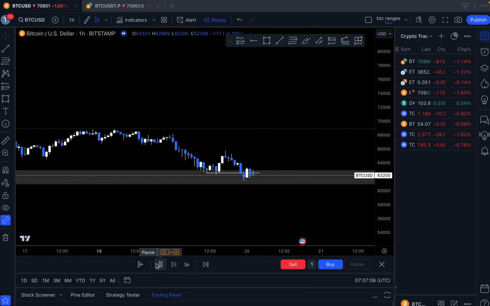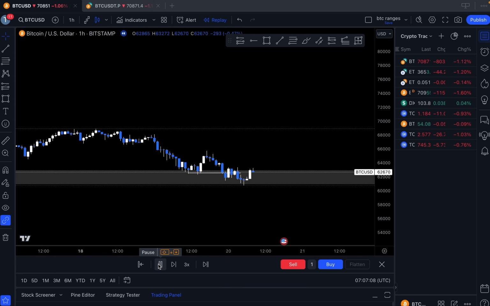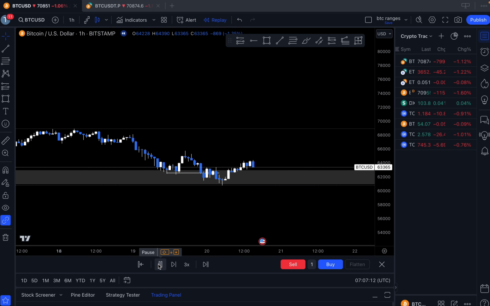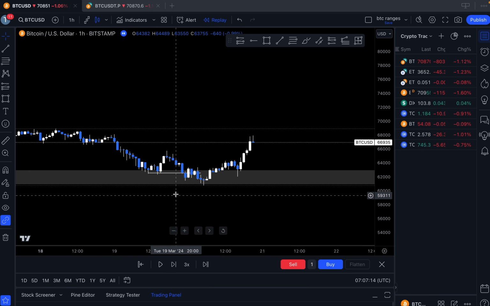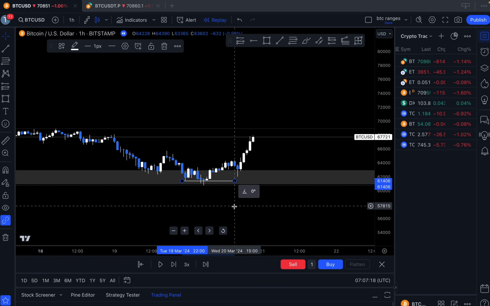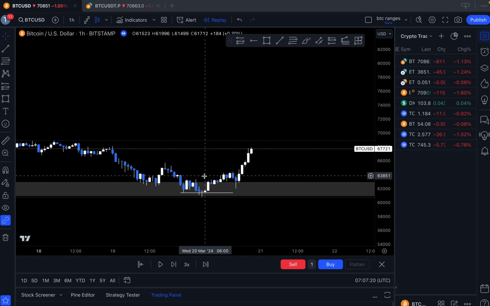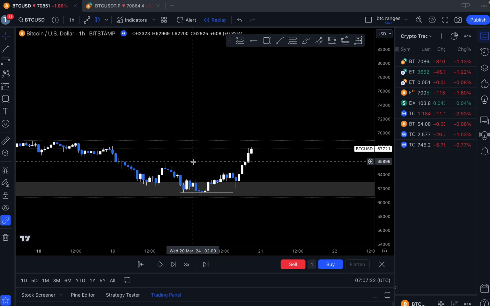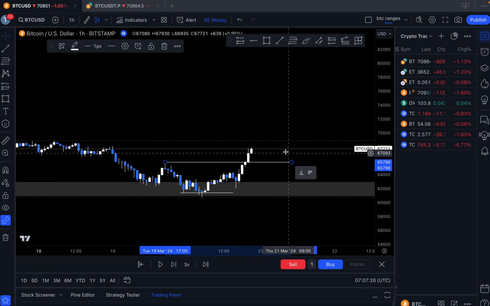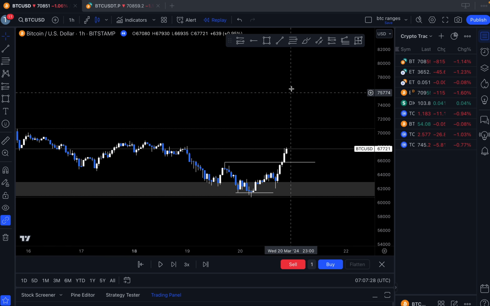Break below there, making new lows. Okay, so this was the SFP, and then you could say break of market structure here. So you could play this two ways, right?